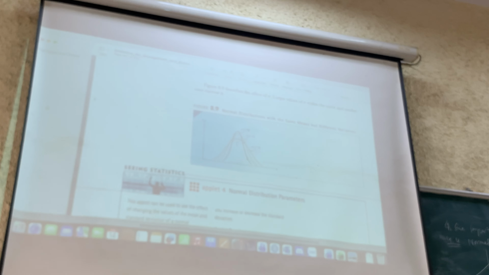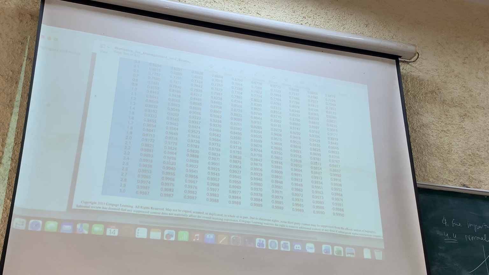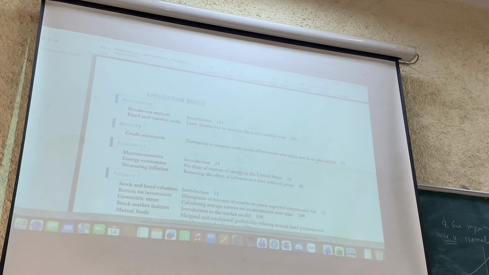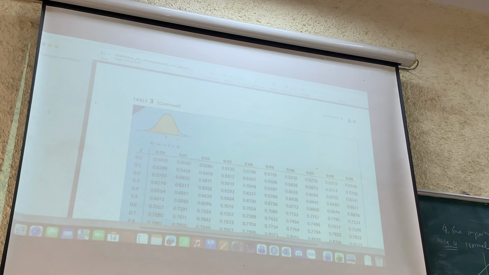And to find the value of function phi, you can look at the table 8.1, but I invite you to use the table in the appendix. I go to the table number 3.